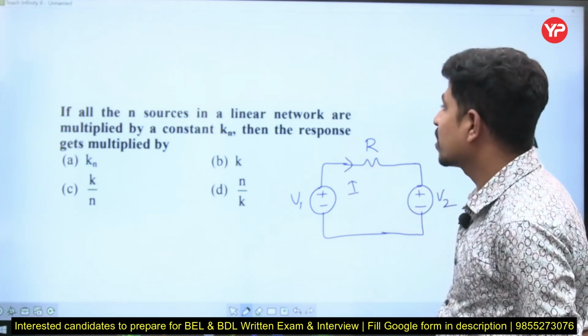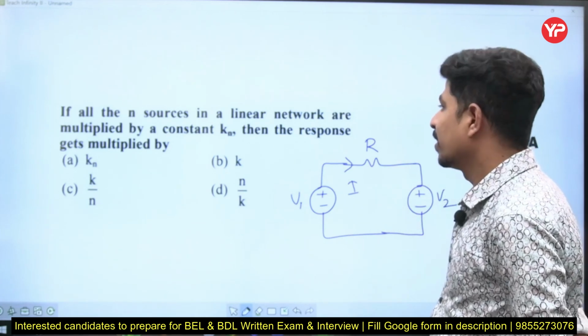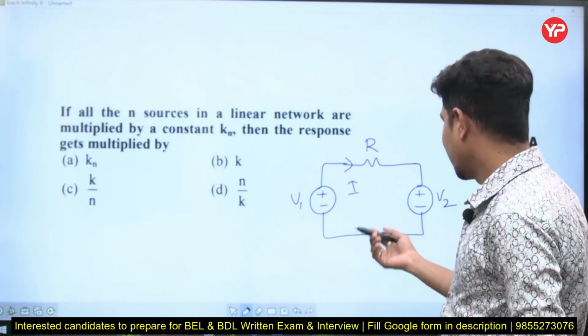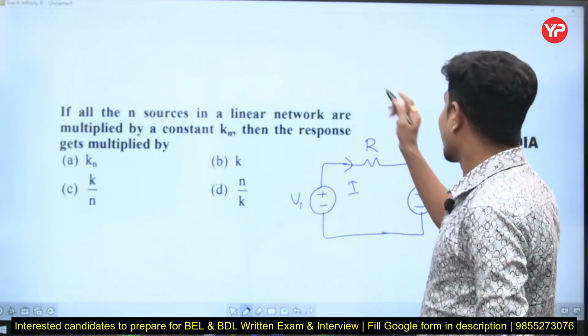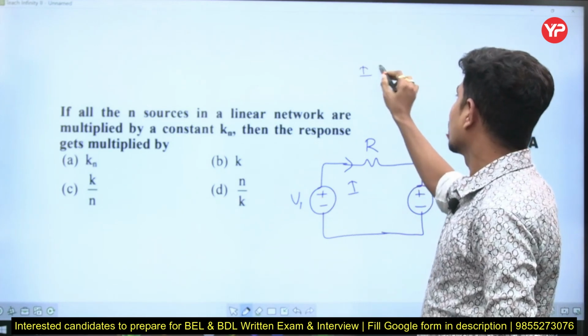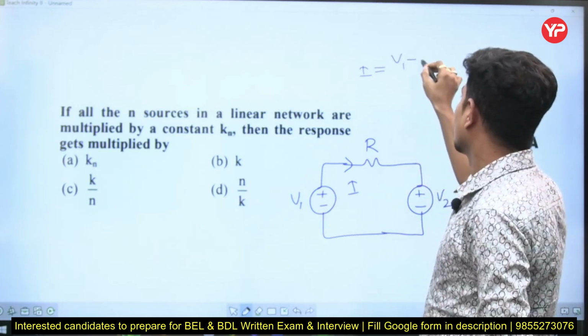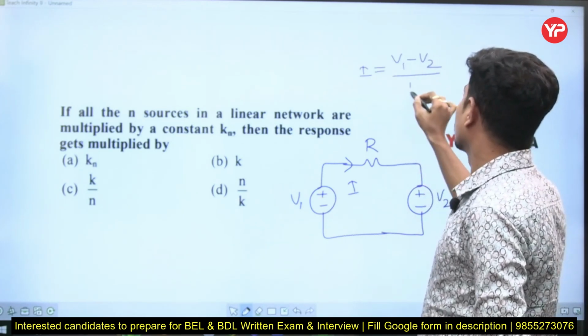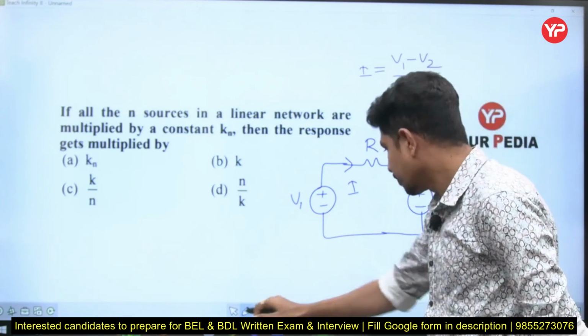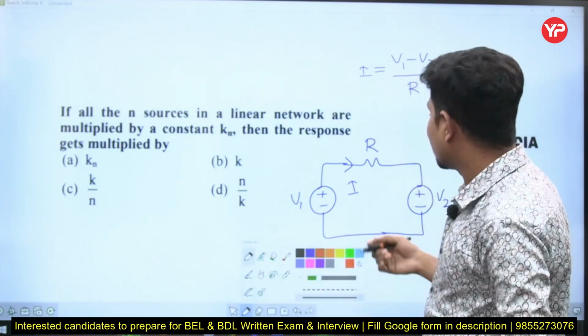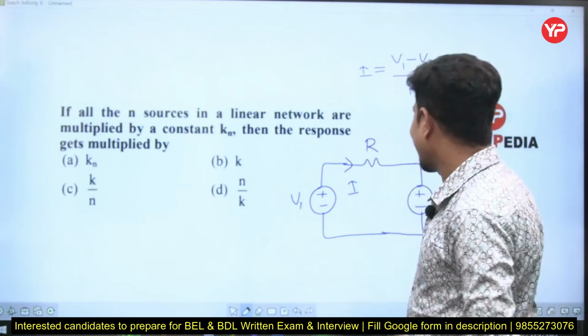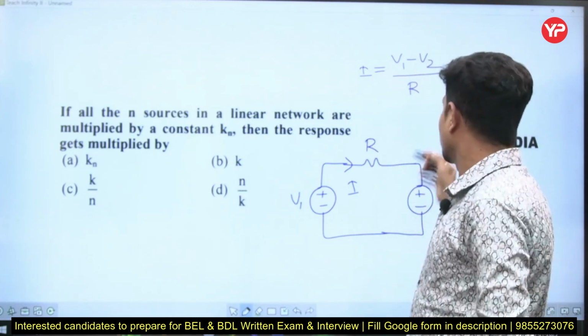All the sources are multiplied by a constant Kn, then the response gets multiplied by... Sources are V1, V2, response is I is equal to V1 minus V2 by R. Now he is saying, without multiplying the sources with the Kn, this is the response.